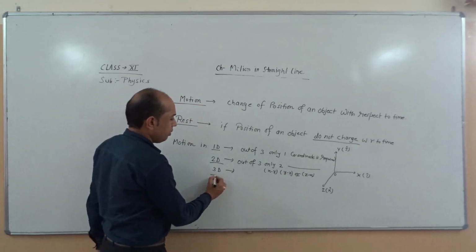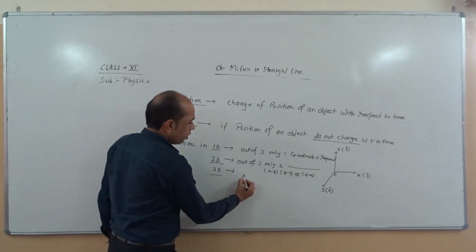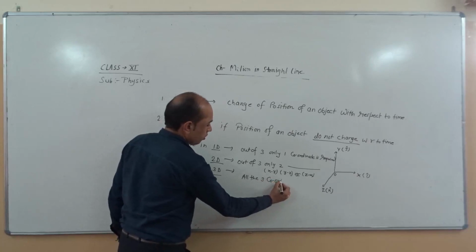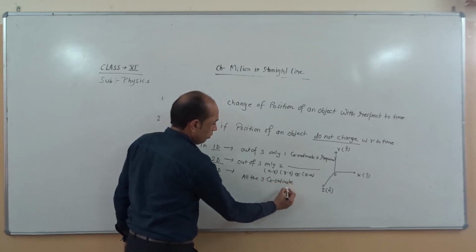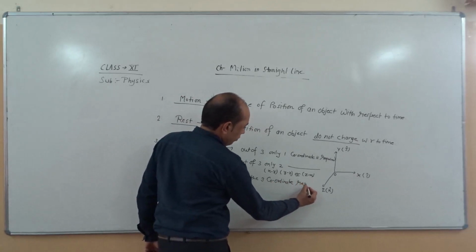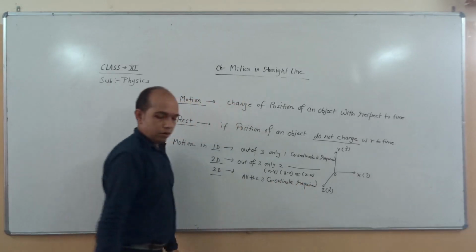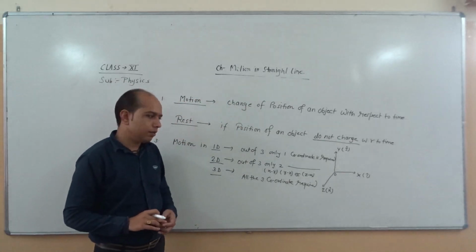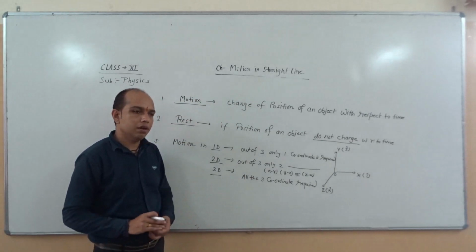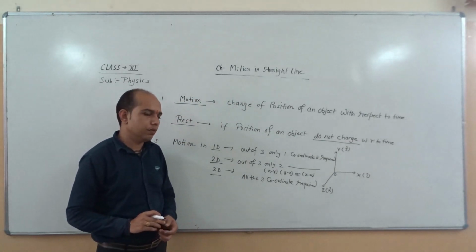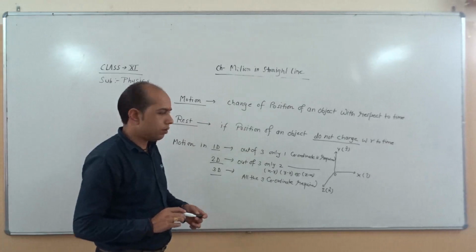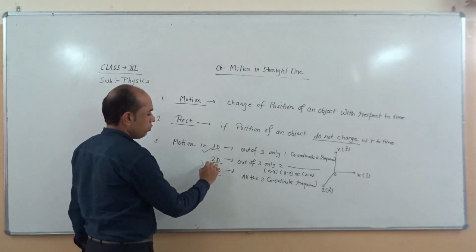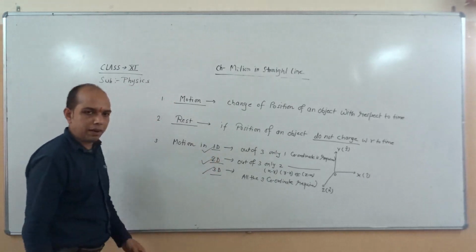If we talk about three dimensions, if all three coordinates are required to specify the position, then it is called three-dimensional motion. As per the situation, we can easily define motion to be one dimensional, two dimensional or three dimensional.